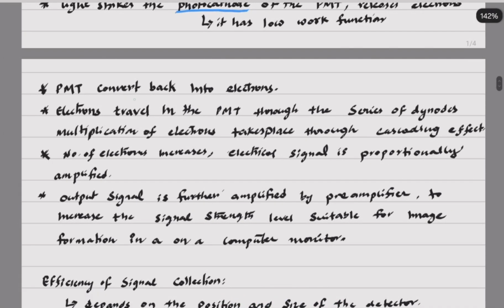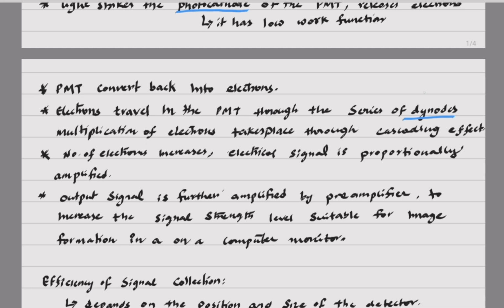So the PMT converts the light back into electrons when it strikes the photocathode.